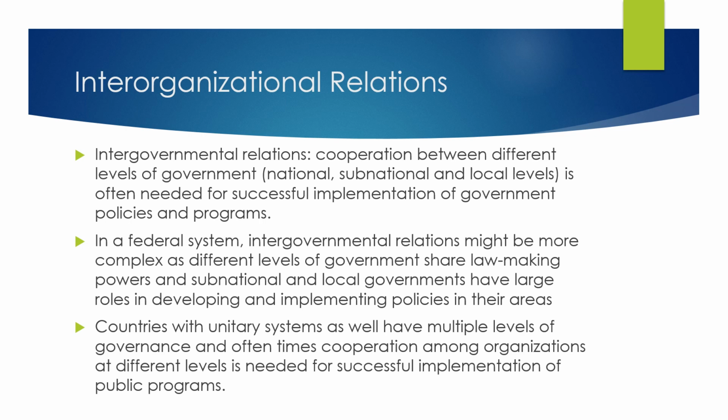So take, for example, the education system in Egypt. In Egypt, you have the Ministry of Education at the central level, but you also have the education directorates in the governorates, and you have an institution that is responsible for the building of education buildings and schools.